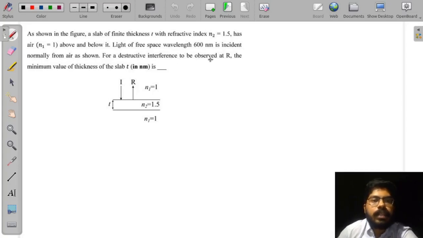For a destructive interference to be observed at R, the minimum value of thickness of the slab T in nanometer, they have asked this T. Okay, so this is actually a very simple question.